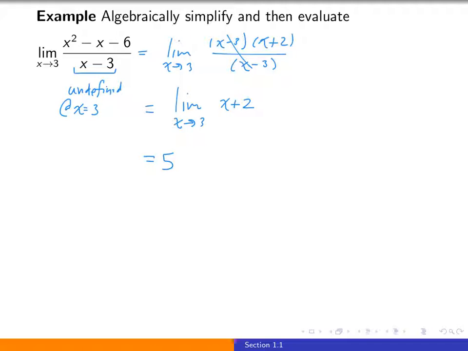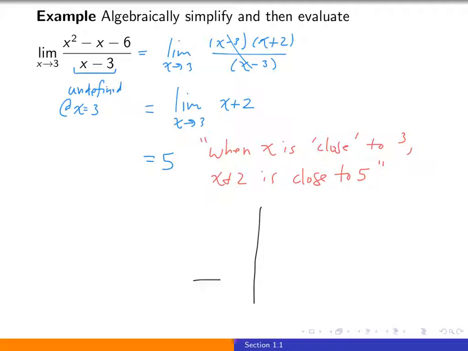So in words, when x is close to 3, x plus 2 is close to 5. We can also see this from a graphical perspective as well.